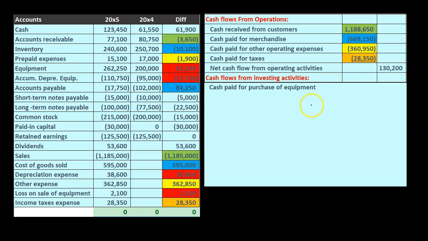Now, the equipment is often the most messy item here, because if we look at everything that's related to equipment on our statement here, on our differences, we're going to say, well, obviously equipment's going to be related there. And note that accumulated depreciation, we could say, well, the difference in accumulated depreciation is usually going to be the depreciation expense here. And if we were talking about the indirect method, we would be taking depreciation expense in the cash flows from operations because we would be starting at net income and we would be pulling out the depreciation.